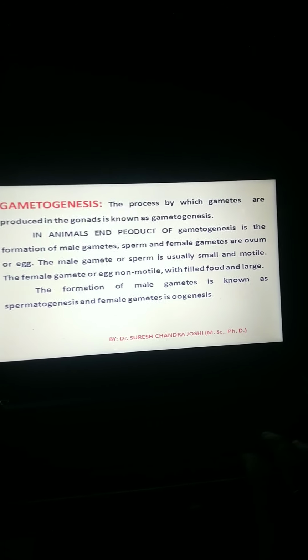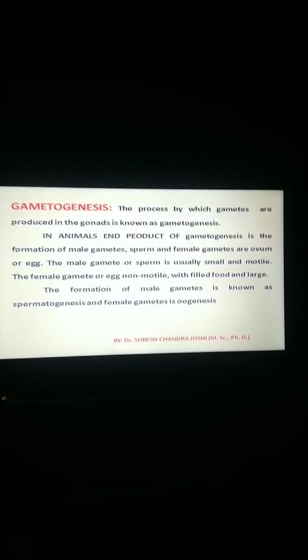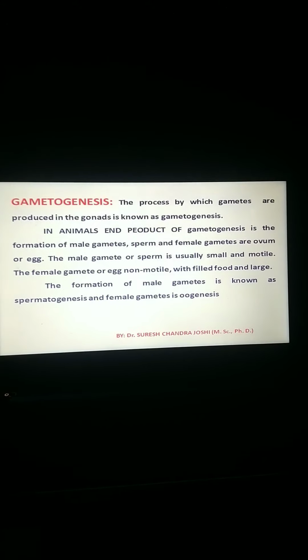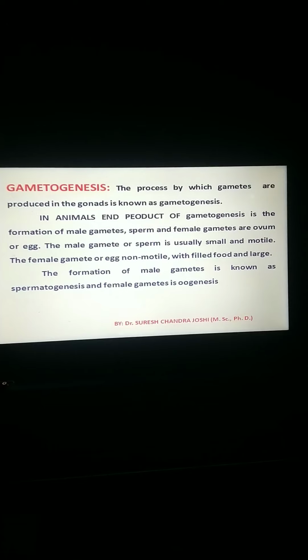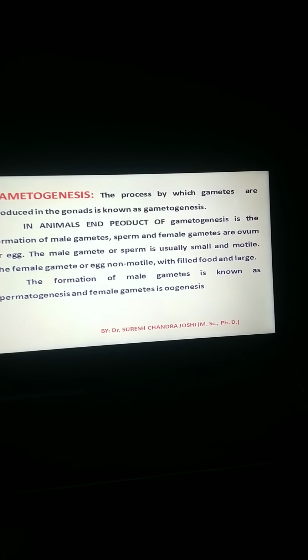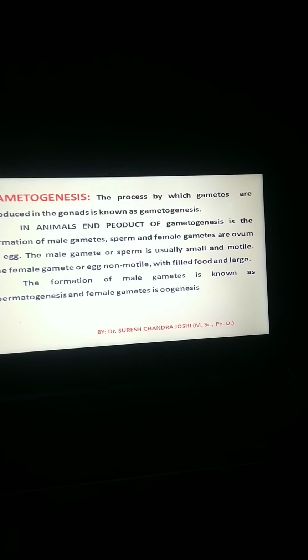Starting with gametogenesis. Gametogenesis is the process by which gametes are produced in the gonads. Gametes are male gametes and female gametes.